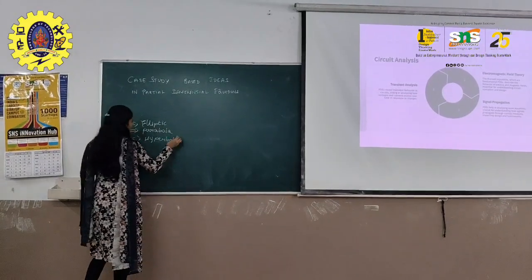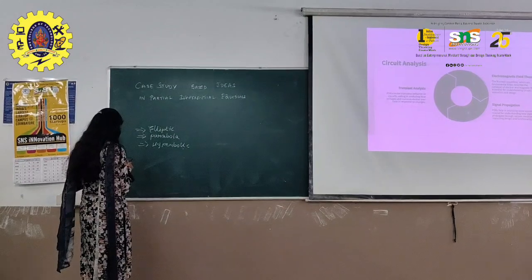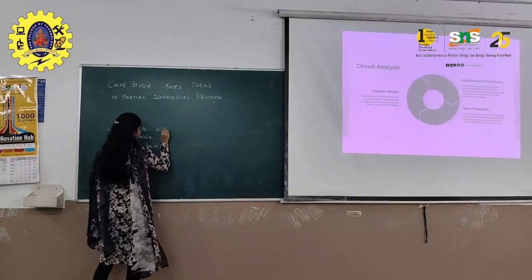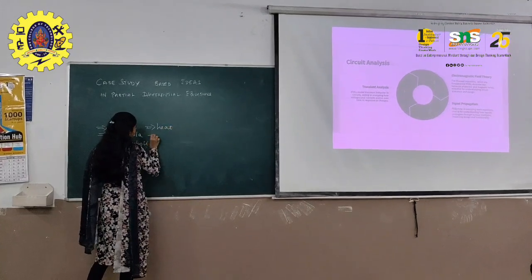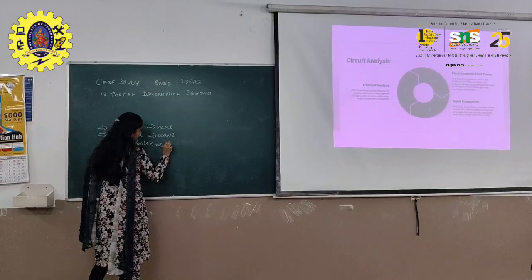There are three types: elliptic, parabolic, and hyperbolic, and each one represents a physical situation, like heat, wave, and fluids.